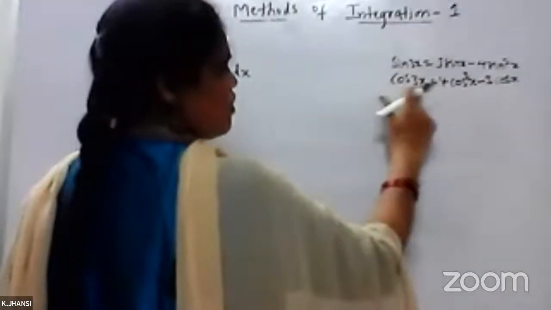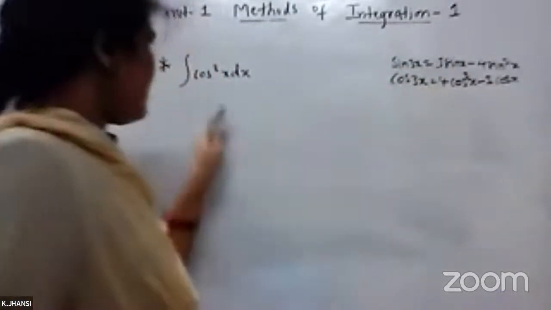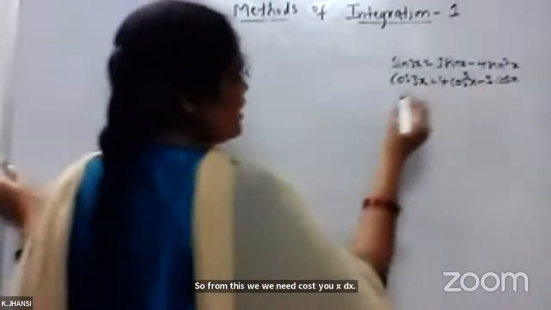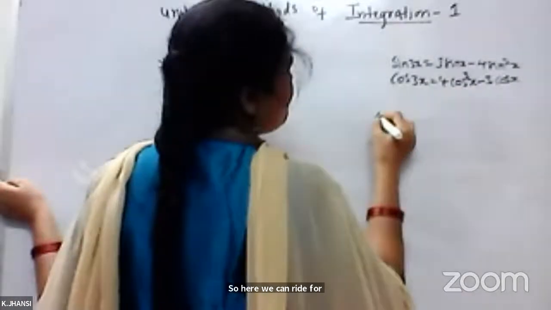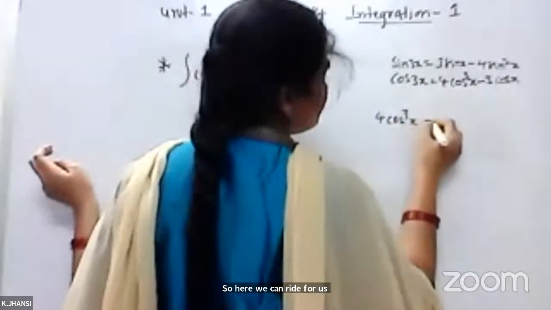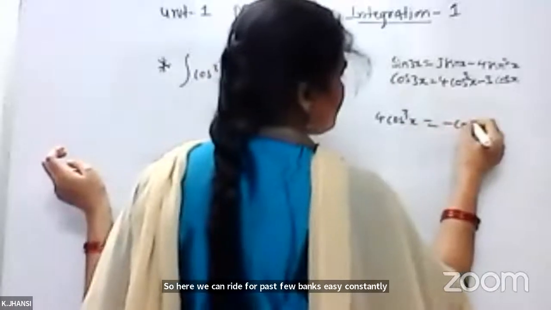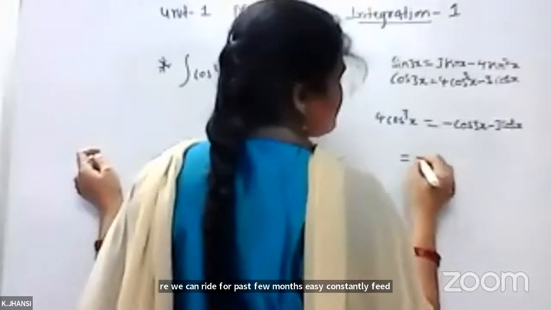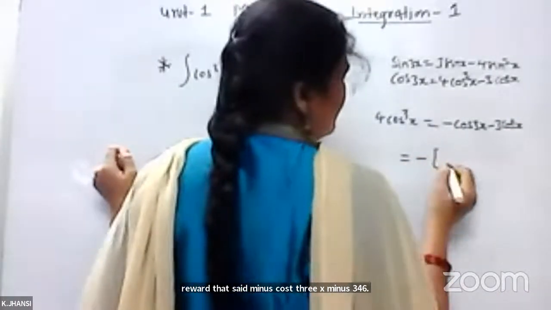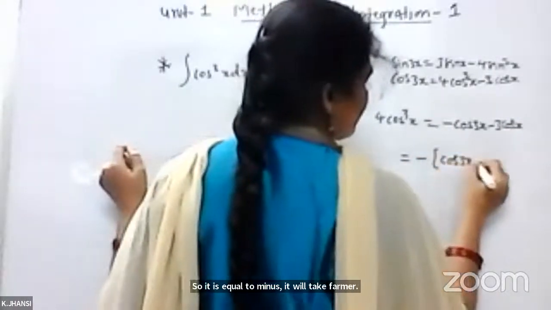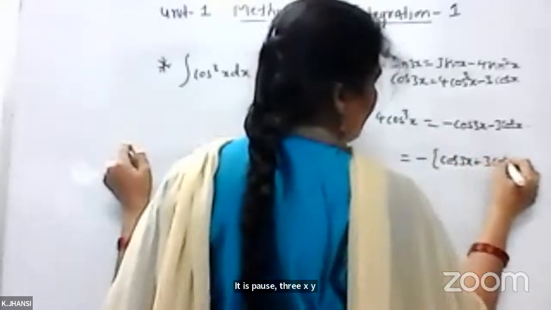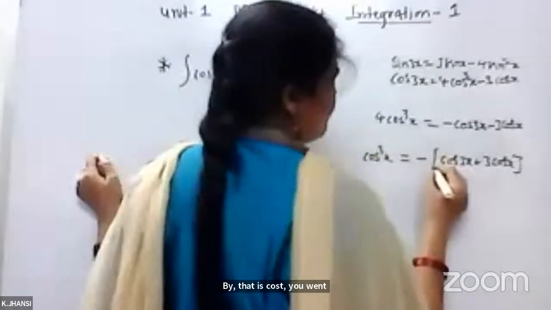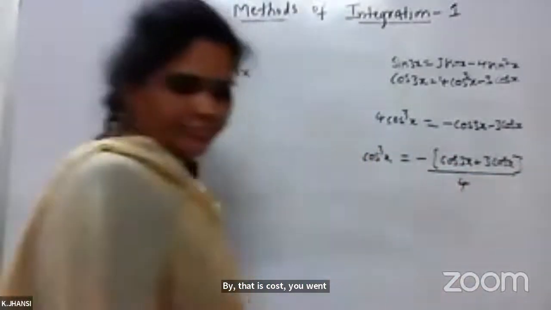Sin 3x is this one, cos 3x is this one. Okay. So from this we need cos cube x dx. Here we can write 4 cos cube x equals, if it goes to that side, cos 3x plus 3 cos x. So cos cube x equals cos 3x plus 3 cos x, divided by 4 we can take. Okay.